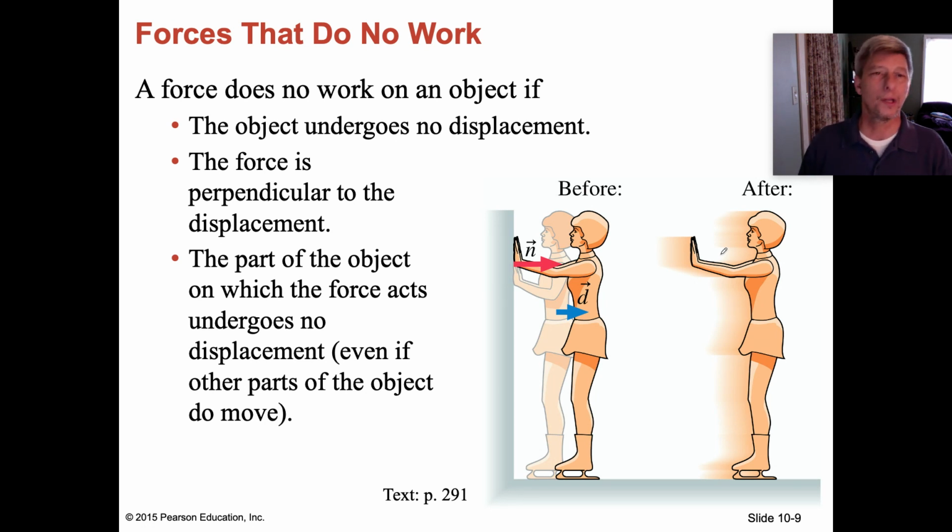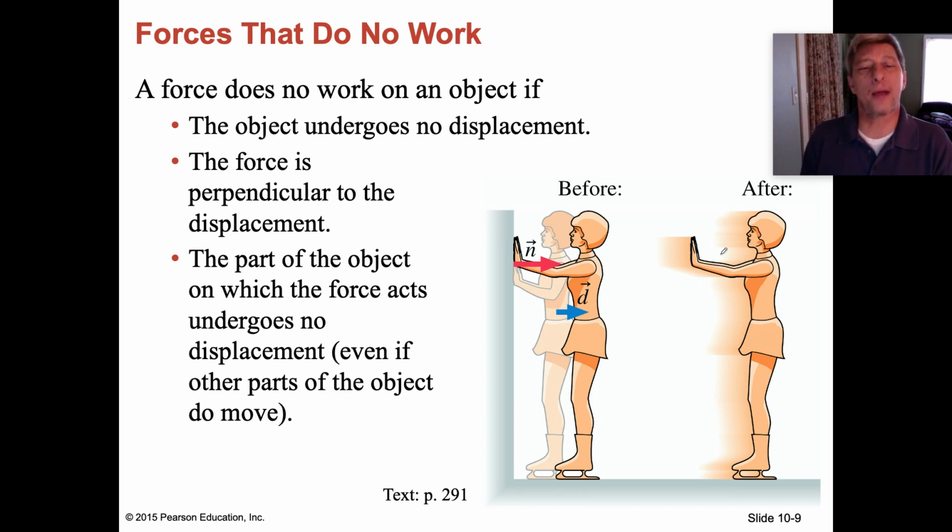So a force does no work on an object if A, the object undergoes no displacement; B, the force is perpendicular to the displacement. In other words, if you push this way and the wall moves that way, no work is done. That's just weird.